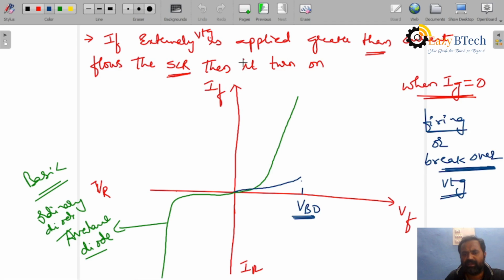Up to the VBO breakover point, the current flow through the SCR is very small. After it reaches the breakover point, that is the firing point, the SCR turns on. When the SCR turns on, the voltage across it starts decreasing, and a huge current will flow.